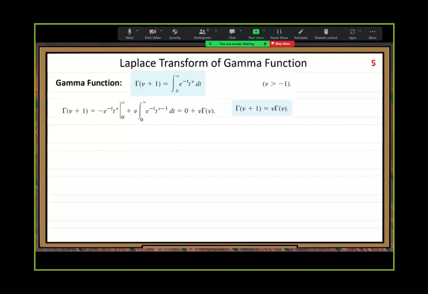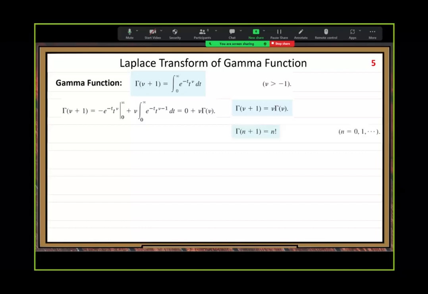Quite simple. But here, look at the range of nu: just greater than -1, and it's a real number. Usually not an integer. So we define this gamma function.